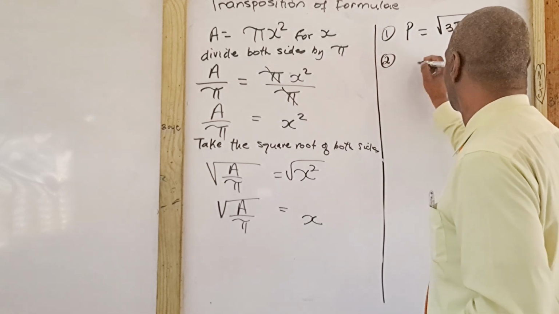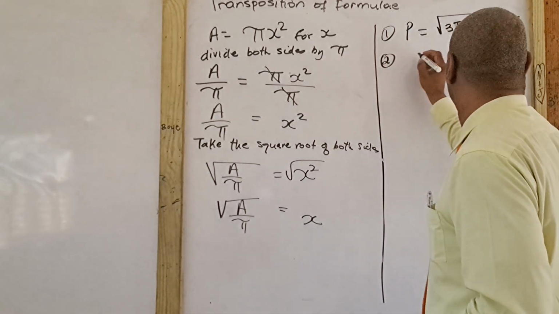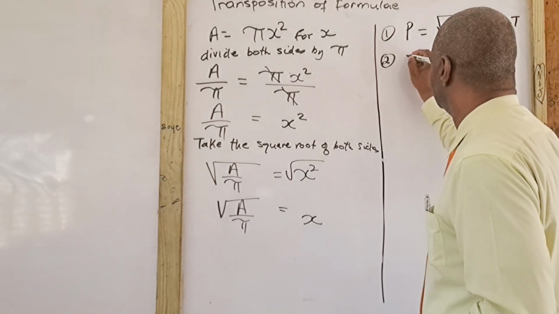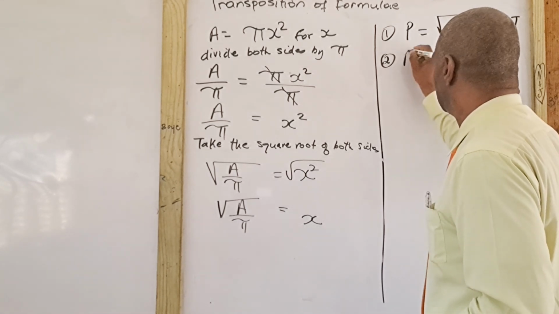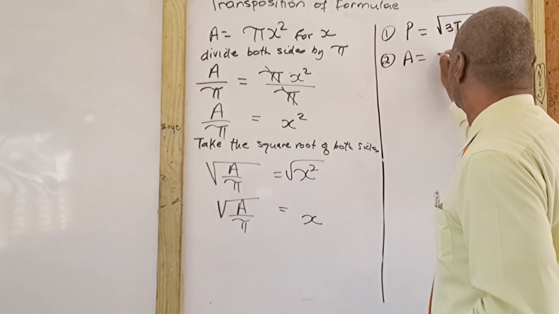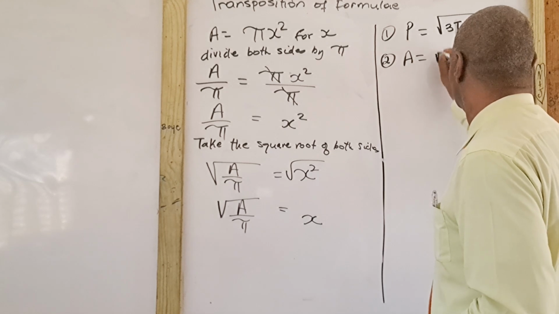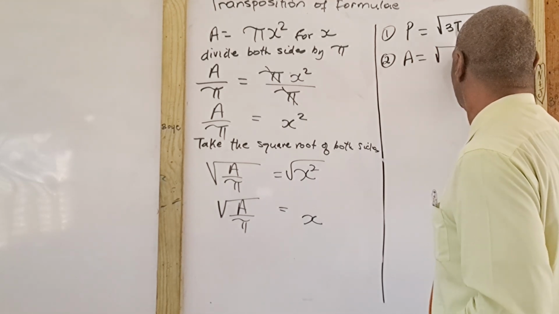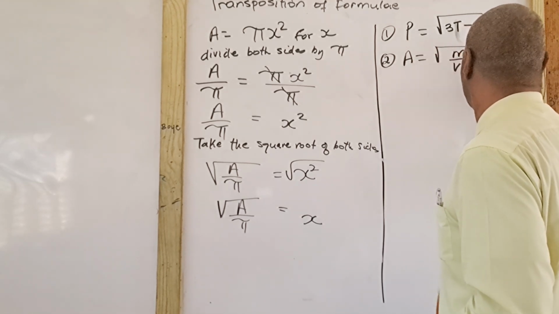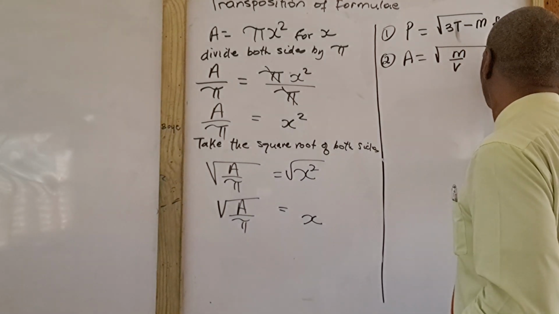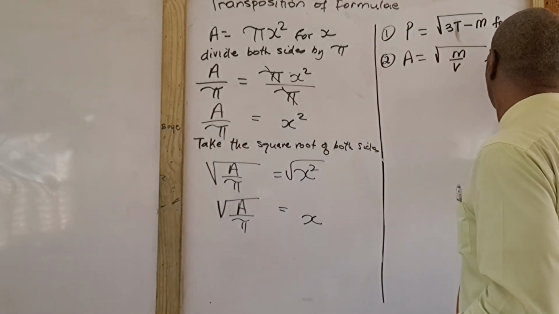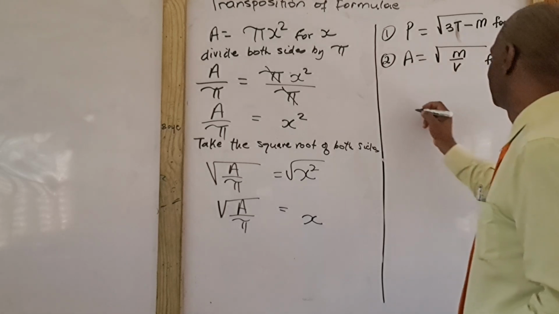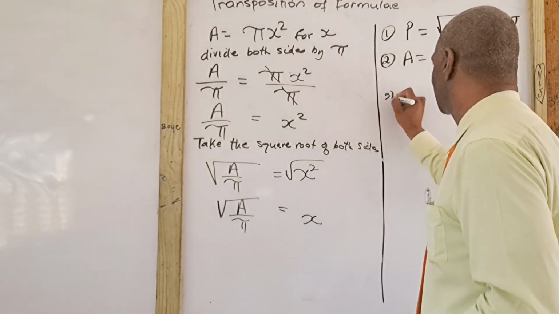Then A equals the square root of m over 4m, and the last part is 3.